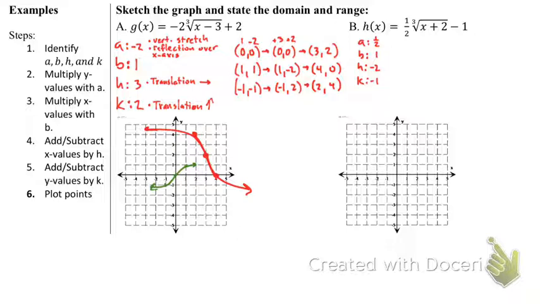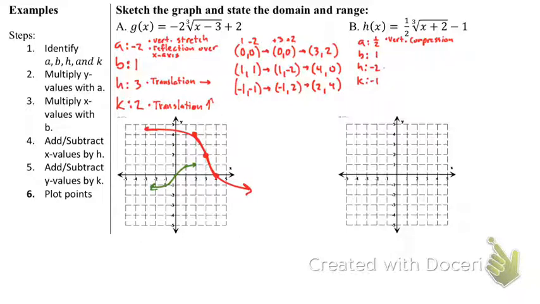Alright, so let's write what happens. This is going to give me a vertical compression. So we are shrinking our graph vertically. And we do not have a vertical flip or a flip over the x-axis because there's a positive here. Nothing's happening with the B value because it's equal to 1.